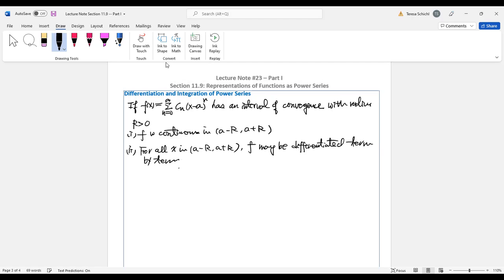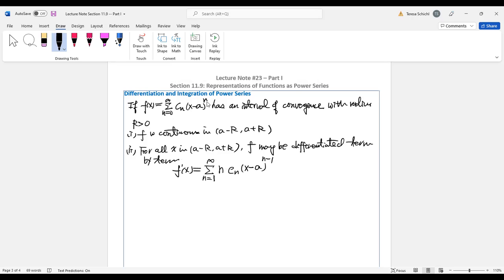So f prime of x is equal to the summation from n equals 1 to infinity. Just like taking a derivative, you use the power rule, so it's n Cn times (x minus a) to the n minus 1.